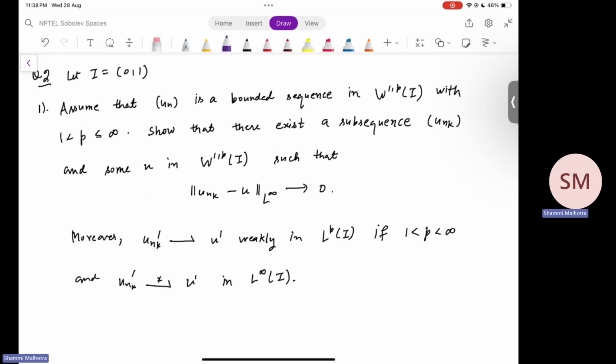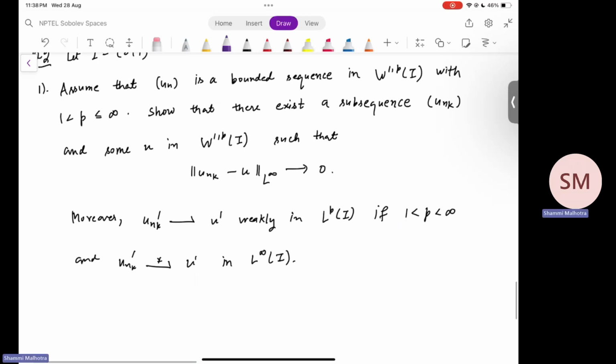So that's the first part. Again, it's sort of compactness. We have a bounded sequence and ultimately get a convergent subsequence, as you see in various parts of analysis.